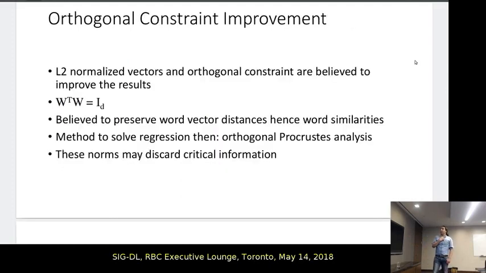L2 normalized vectors and orthogonality constraints are believed to improve the results. So basically, it is commonly believed, though we'll see that the results of this paper sort of contradict it, that if you want to learn this matrix W and you constrain it to be orthogonal, then you'll be able to preserve the distances between the words in the source language when you map from the source to the target.